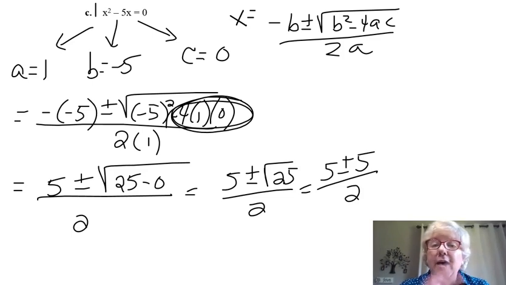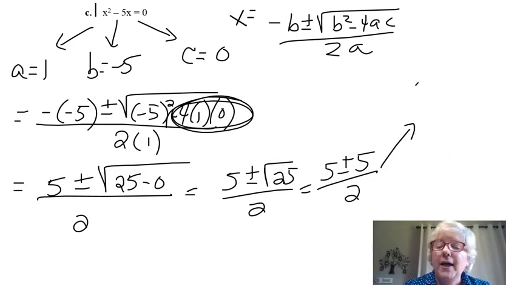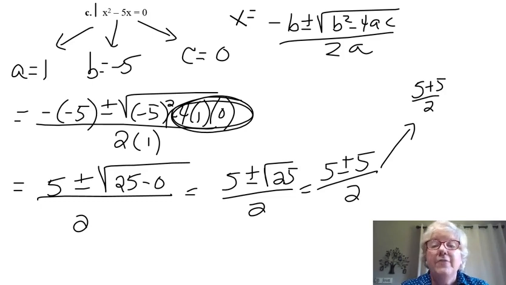Now, since we did not have a radical and we did not have an i term, instead of separating this at the end, let's go ahead and combine the like terms, because on top here I have two 5s. If I combine the 5 plus 5 over the 2, 5 plus 5 is 10, and 10 over 2 is a whole number.